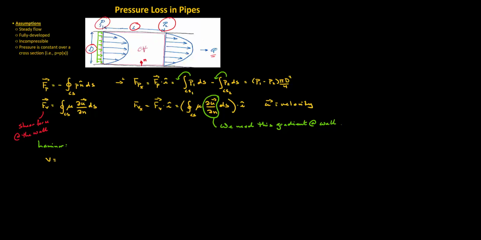So we know that for a laminar flow, the velocity profile is only dependent on the radial direction in the fully developed regime, and it is equal to a velocity at the center of the pipe multiplied by 1 minus r over capital R squared, where capital R is the radius of the pipe. So Vc is the centerline velocity, and R, or capital R, is the pipe radius.